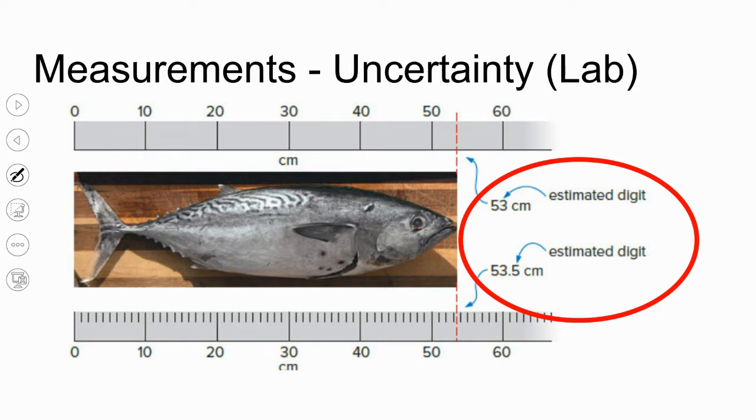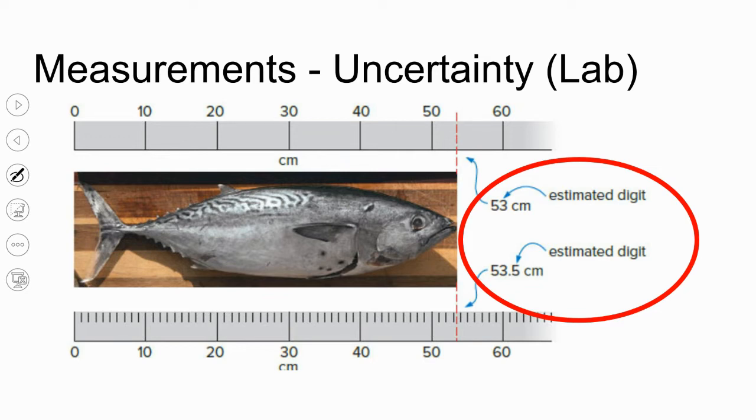We would get to estimate 1 more digit beyond what our ruler has. Our ruler is in tens, so we get to estimate the ones. Does that make sense?